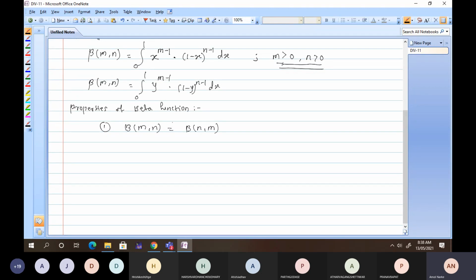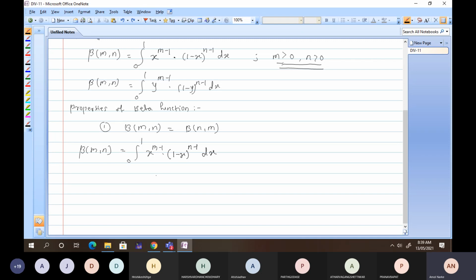If you want to prove that, what do we need to do? First we write down beta of m comma n. What is the definition? Integration from 0 to 1 of x raised to m minus 1 into 1 minus x raised to n minus 1 dx. Now, instead of x, I want 1 minus x.